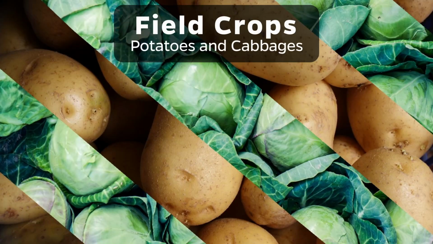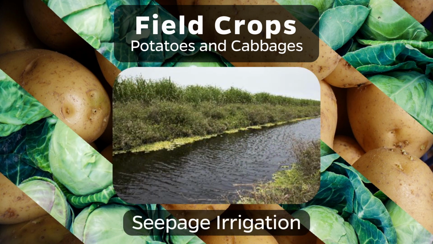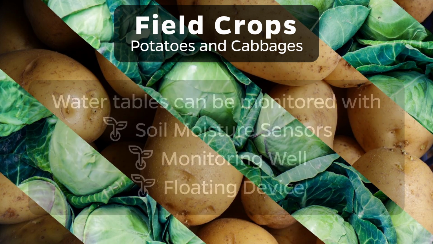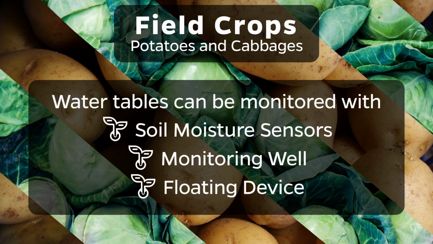Other crops such as potatoes or cabbages, which are grown under seepage irrigation in the state of Florida, require the constant monitoring of water table. We can easily monitor using either a soil moisture sensor or a monitoring well, or using a simple floating device.